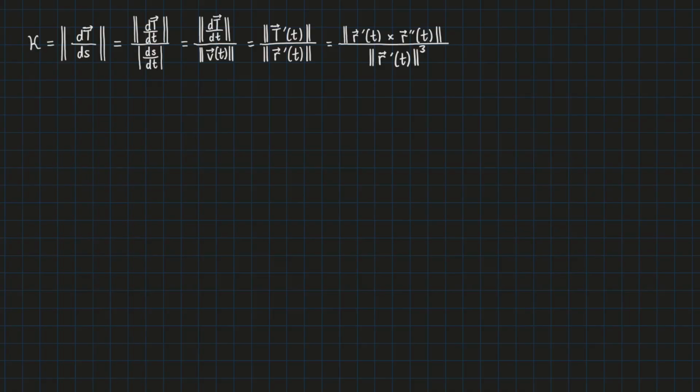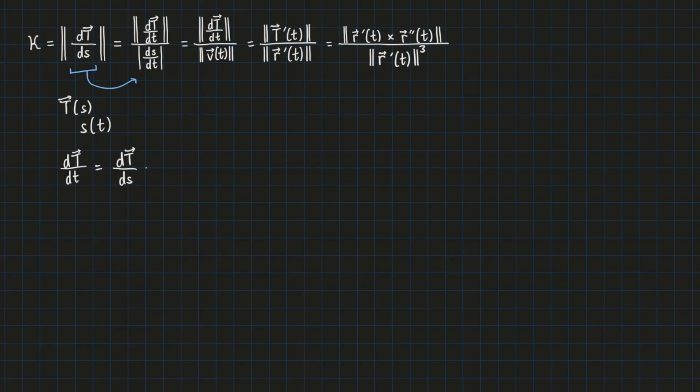I'm going to show you how we get each term, starting with the magnitude of dT/ds. So we know that big T is a function of s, and s, the arc length, is a function of little t. If we want to take the derivative of the unit tangent big T with respect to little t, with the chain rule in Leibniz notation, this would be equal to dT/ds times ds/dt.